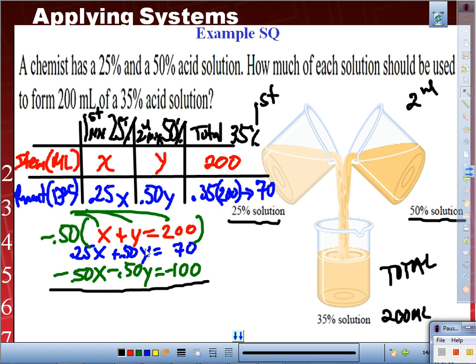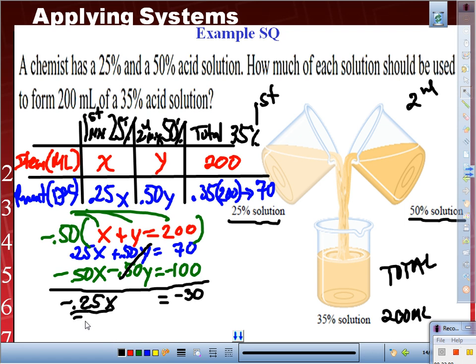Cross out the y, and we're left with equals. And if you got us to right there, that is correct. And then we solve for x.